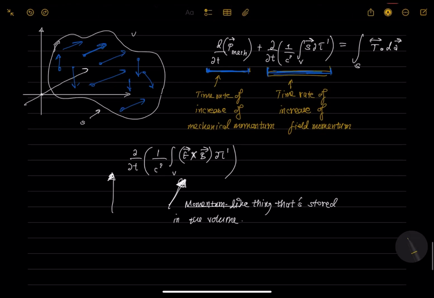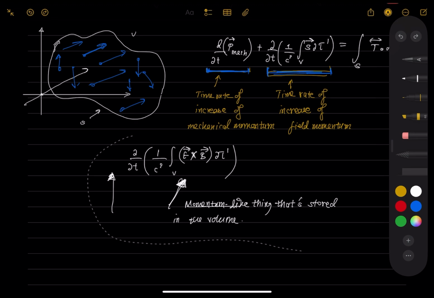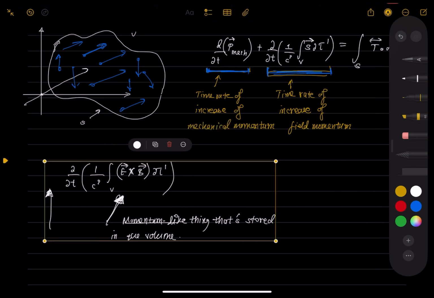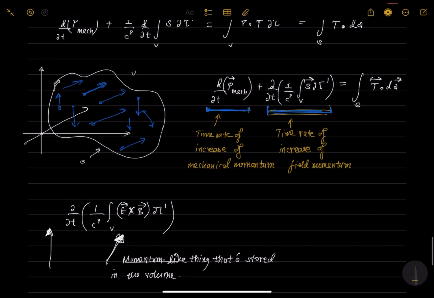So two things increase in the LHS, and the third thing is interpreted as the rate at which momentum is delivered to the volume V.